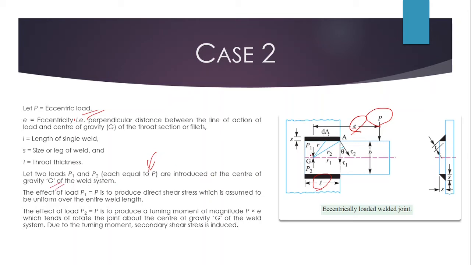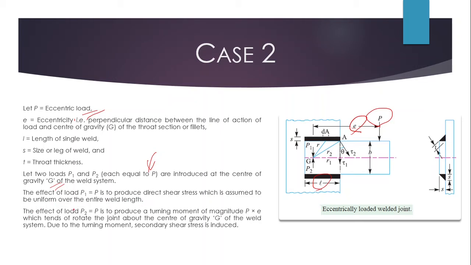First we will find out the center of gravity of this particular welded section. After that we can assume that two loads P1 and P2 are acting at this center of gravity. The effect of load P1, equal to P, is to produce direct shear stress, which is assumed to be uniform over the entire weld length.